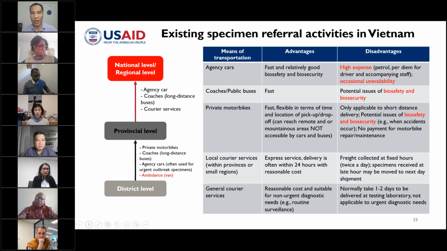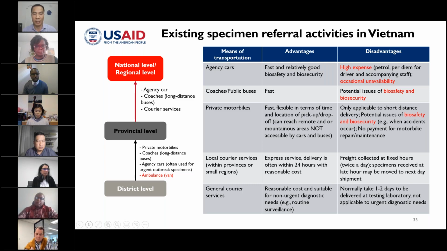For example, an agency car is quite fast and good for control of safety or biosecurity, but it's high expense. And for public bus, it's fast and convenient, convenient for pickup or delivery combined with some motorbike taxis, but it also has some issues with biosafety and biosecurity.